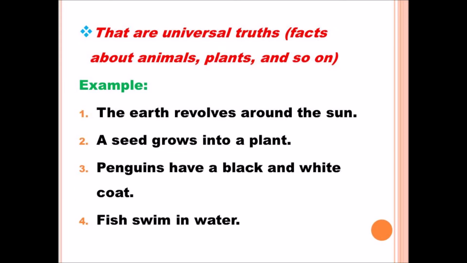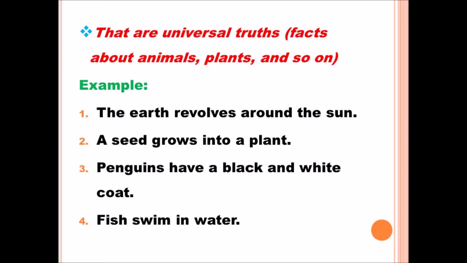Then simple present is not only used for daily activities, it is also used when we talk about universal truths. What are universal truths? The facts about animals or plants and so on. We all know certain universal truths. What are they? The sun rises in the east and sets in the west because it never changes.